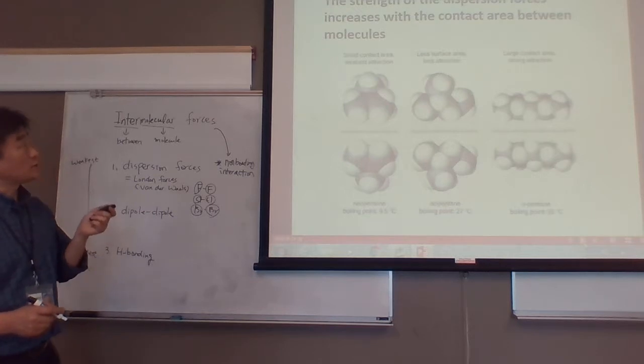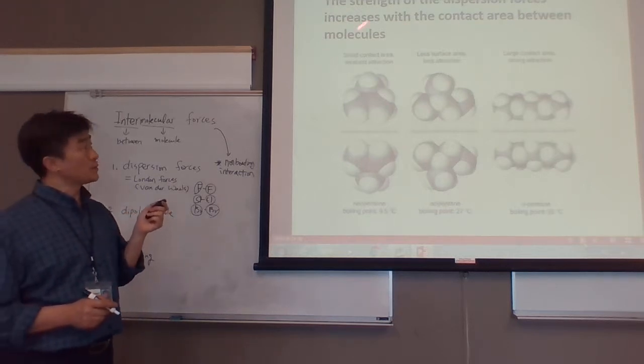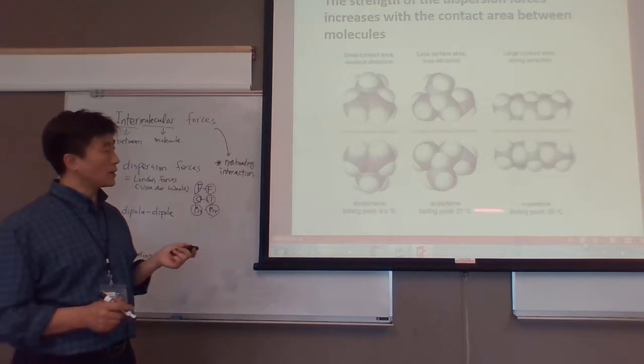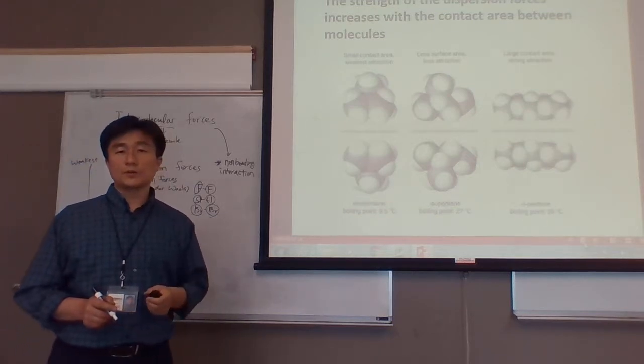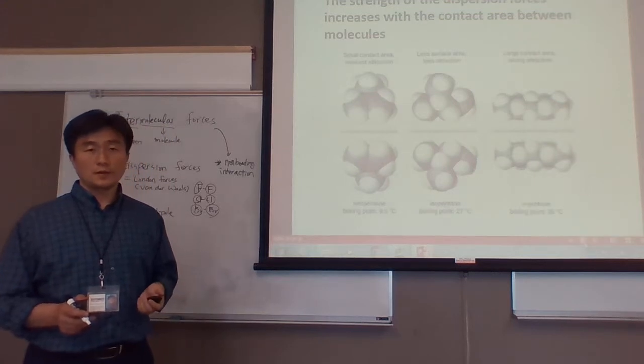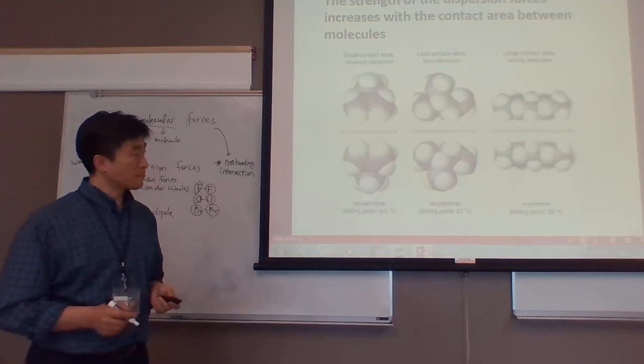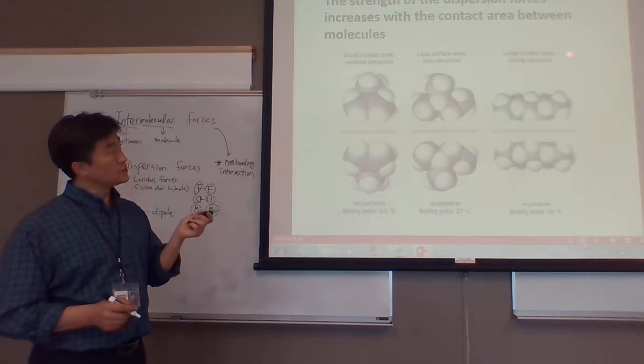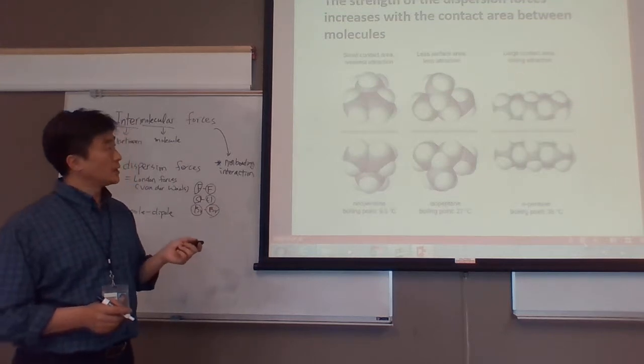And also, the strength of dispersion force increases with the contact area between the molecules. This is an example. This organic compound contains the same number of carbon and hydrogen. And you can see it has a large contact area, which means we expect strong attraction.